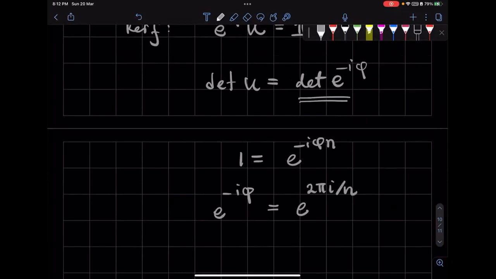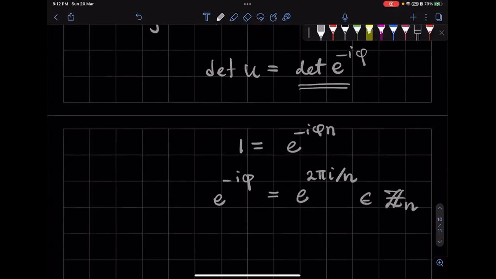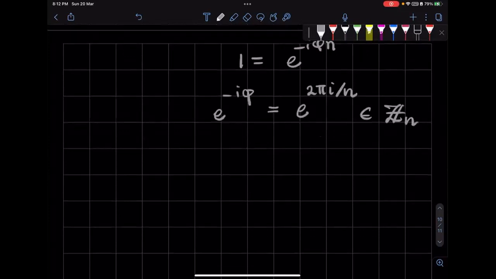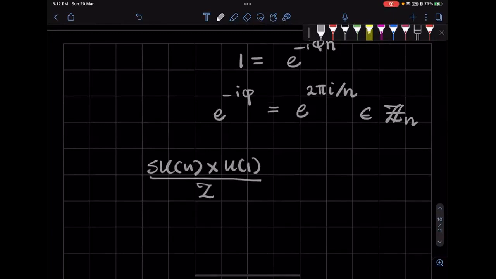You can put a minus sign if you like. And therefore, this is an element of Zn. So we see that the kernel of that map is Zn. And therefore, SUN cross U1 over Zn is equal to UN.